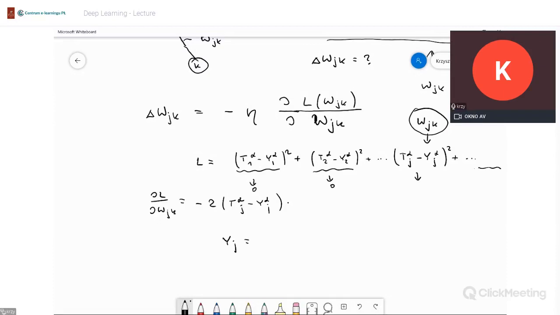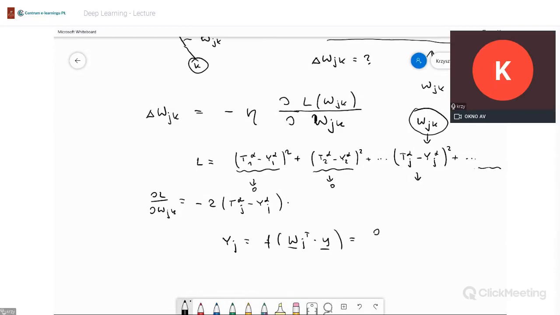y_j is a nonlinear function of a dot product of its inputs and weights. So it will be a dot product of a vector w_j times its inputs, and its inputs are just y's.